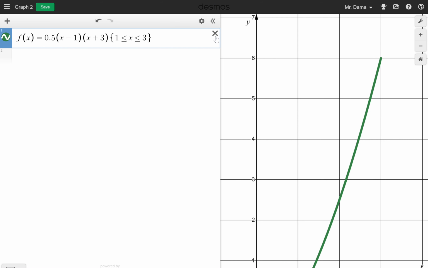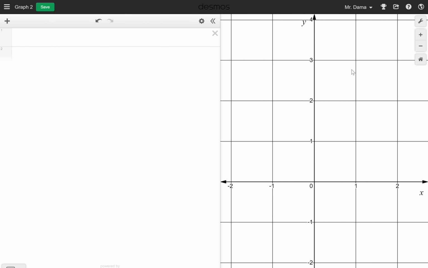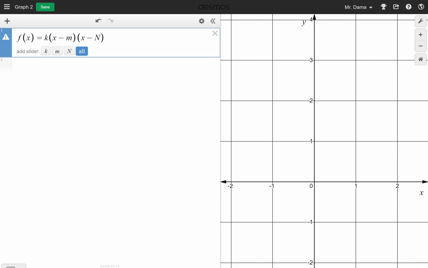So, I want to show you something wild. So, if this function is my general function, right?